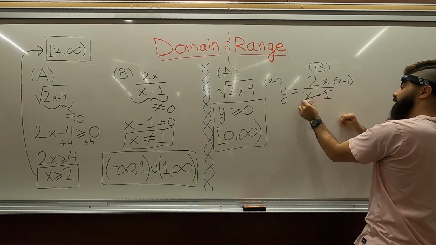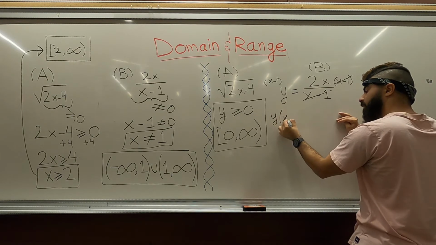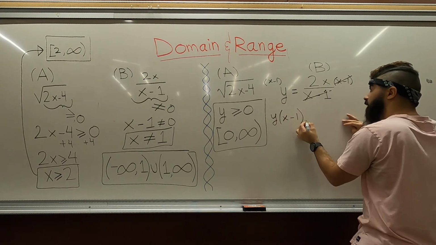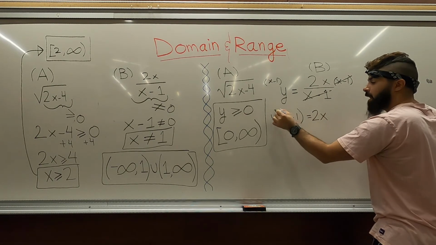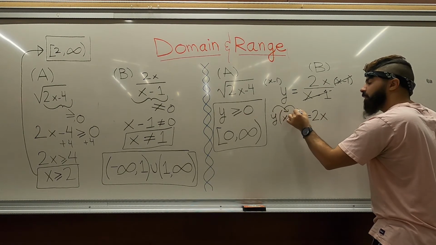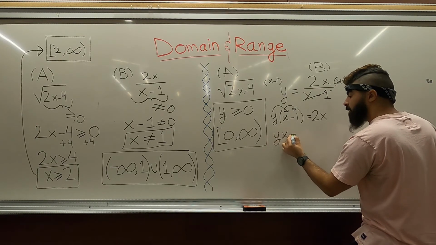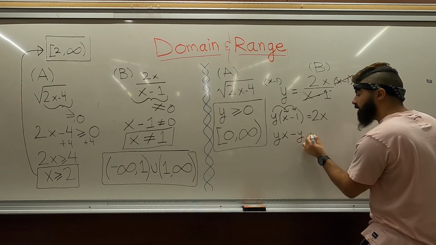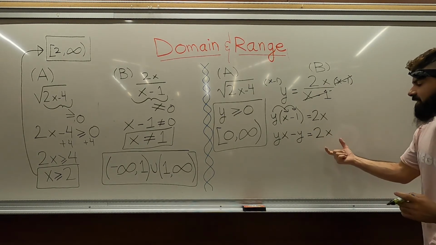Okay, so it cancels over here. So it becomes y times (x minus 1) is equal to 2x. I'm going to go ahead and distribute my y. So I get yx minus y is equal to 2x. And we want to get x alone.